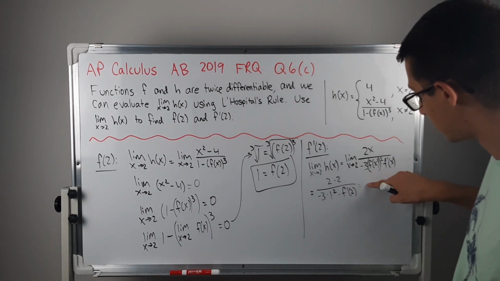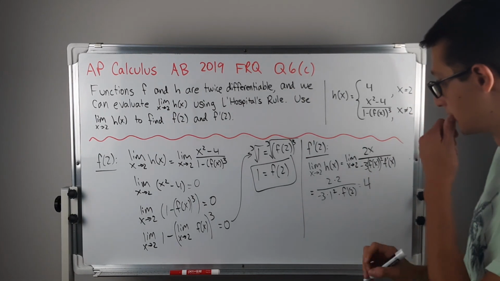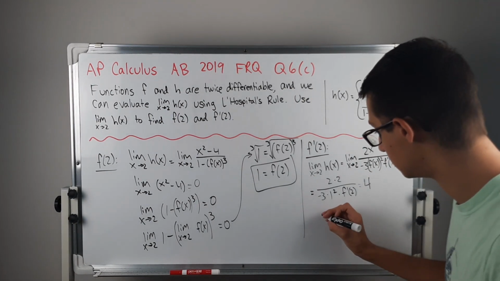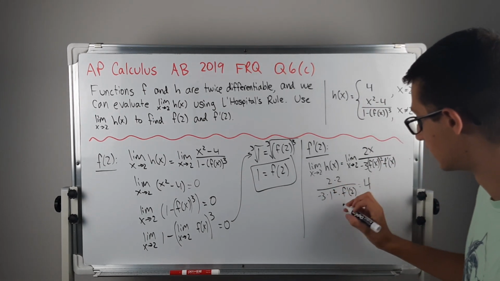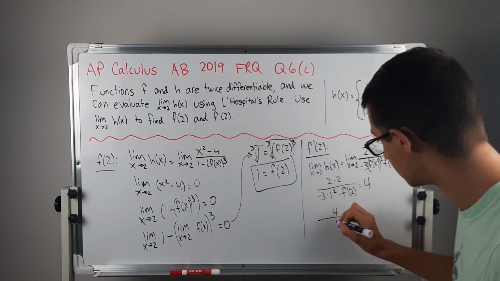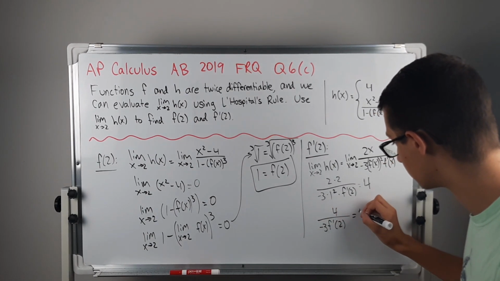But now we have this equation that we can solve. So 4 over negative 3 f prime of 2 is equal to 4.